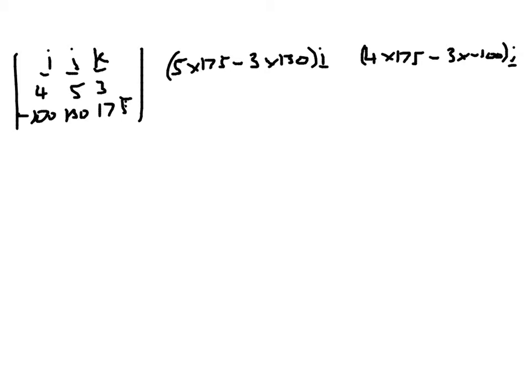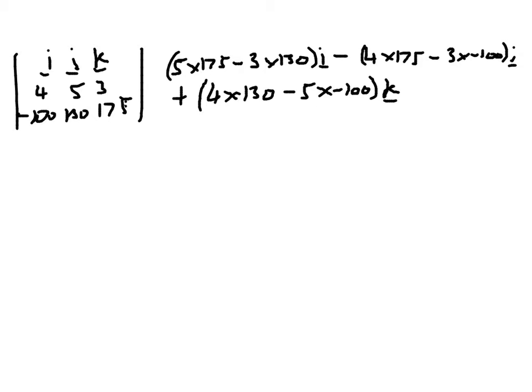Because it's j, that's automatically a minus there, plus for the k component 4 times 130 minus 5 times minus 100 k.